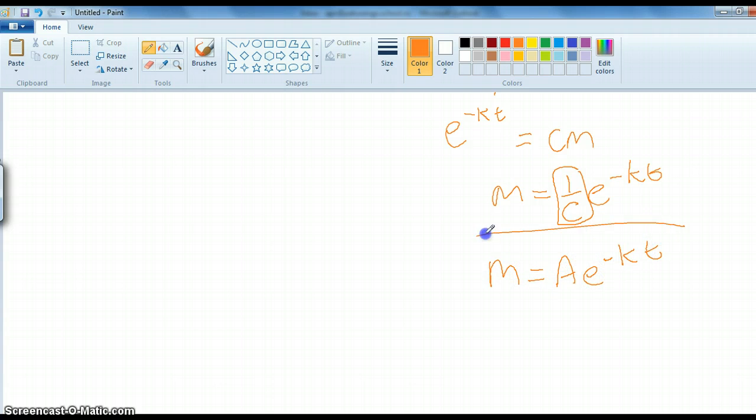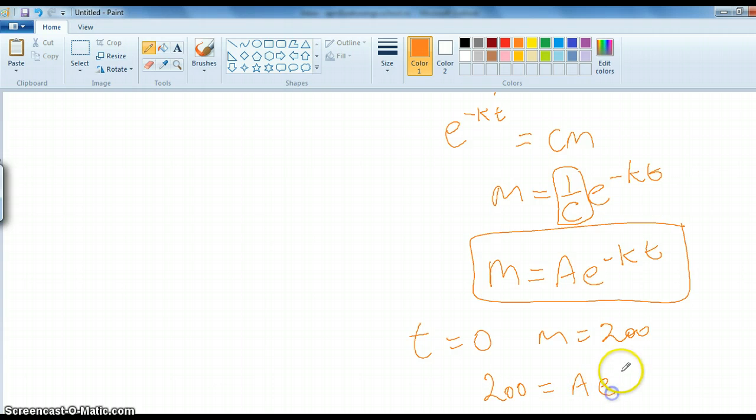So we have got that there. Now, when t equals 0, we know that the mass equals 200. So 200 equals a e to the 0, and e to the 0 is 1. So a equals 200. So we've got the mass equals 200 e to the negative kt.